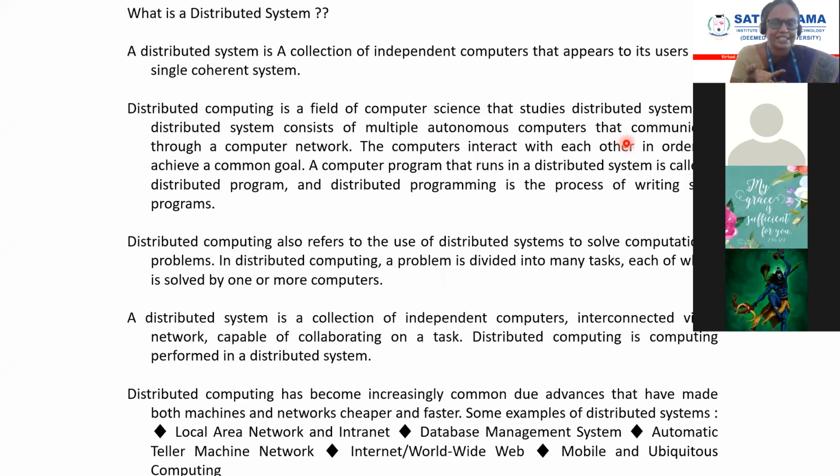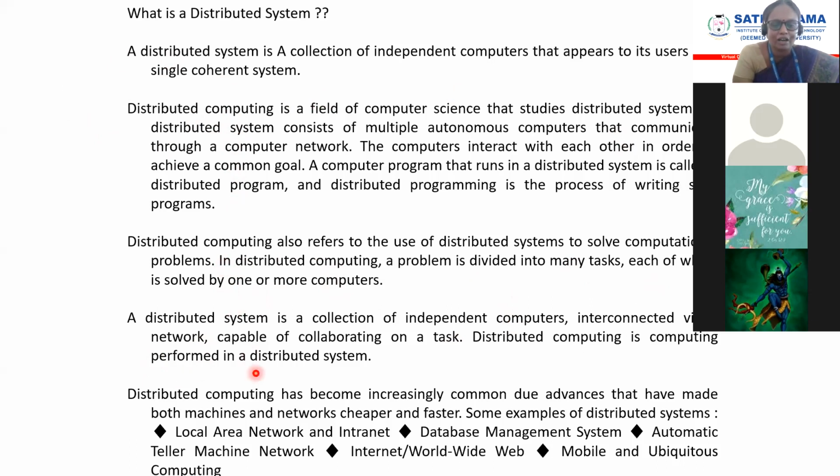Now you can see I am connecting here, controlling, and communicating, so you are all connected through a distributed computing system. In a distributed computing system we can have many tasks at a time, and one or more computers will be involved. Not a single system, not a single task.